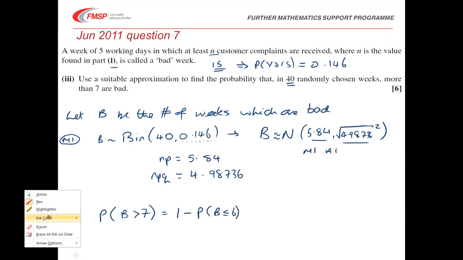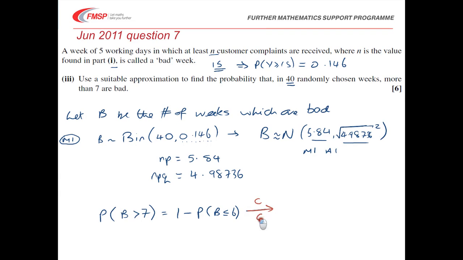When we apply the continuity correction to this, this is now going to be 1 minus the probability that B is less than or equal to 6.5. Okay, and it's quite important that you apply that correctly. Sorry, that's 7, isn't it? So 7.5.